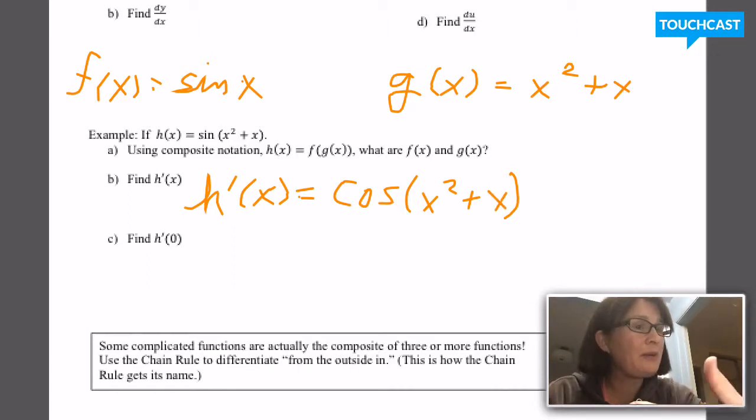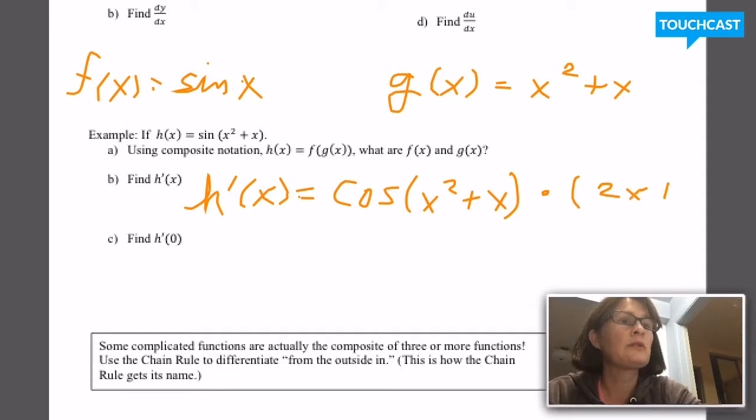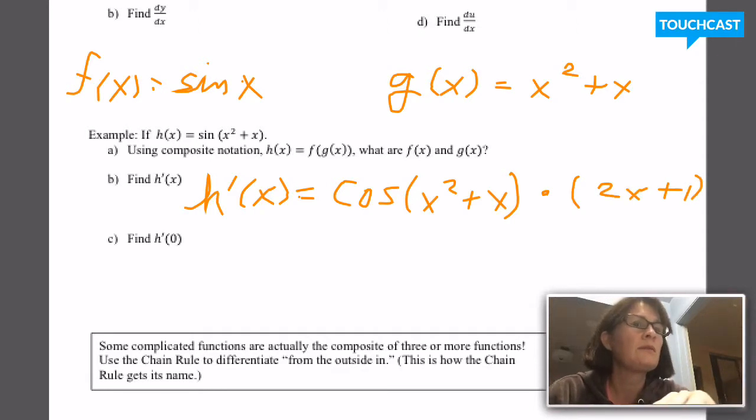And then I'm going to multiply by g prime of x, the derivative of g, in this case 2x plus 1. So h prime of x is f prime of g of x times g prime of x. So cosine of x squared plus x, all times 2x plus 1.